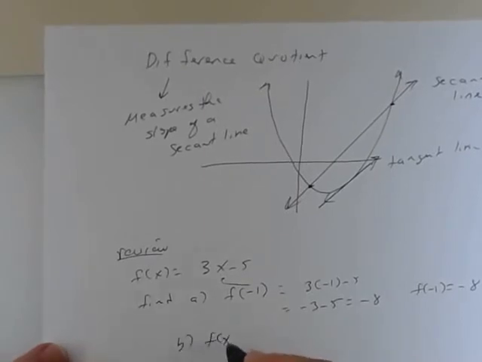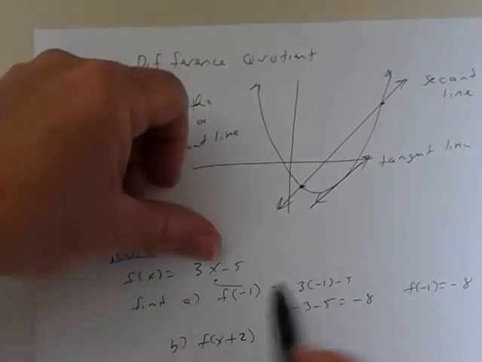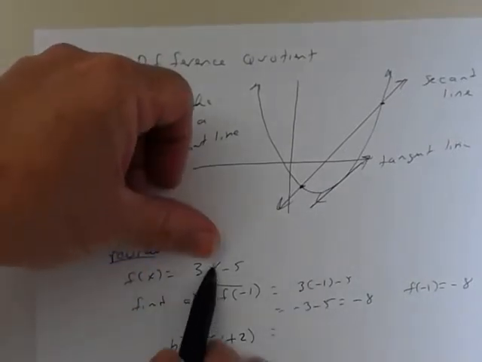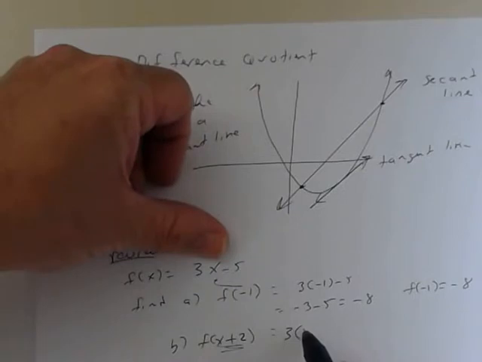Okay, B part. What if you want to find f of x plus 2? F of x plus 2. So this time, where we see the variable, what do you plug in? X plus 2. Okay, now remember we talked about this last week, so that's kind of review here. So be careful though, you go back to your function, and in place of this x, you're going to plug in what? X plus 2. So I get 3 times, in parentheses, what do I put?